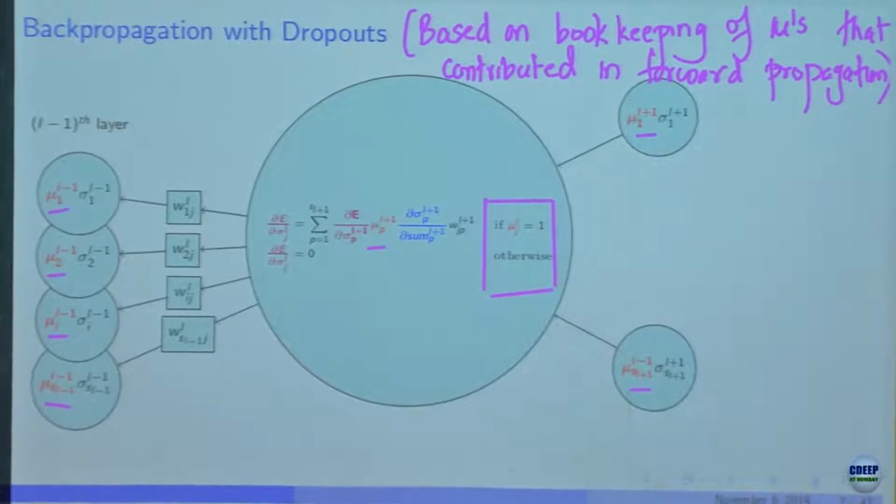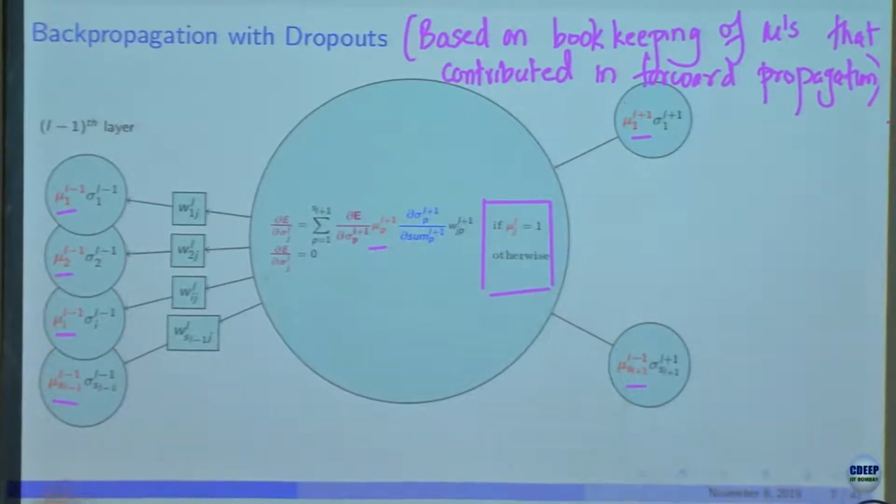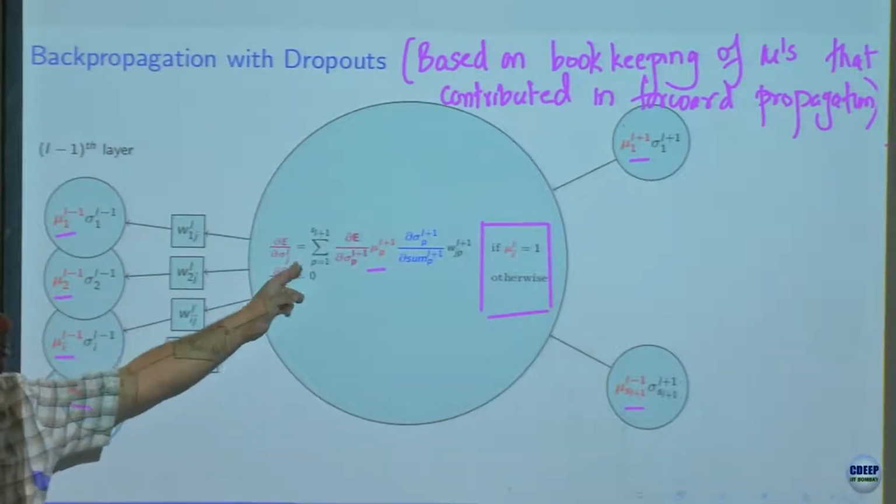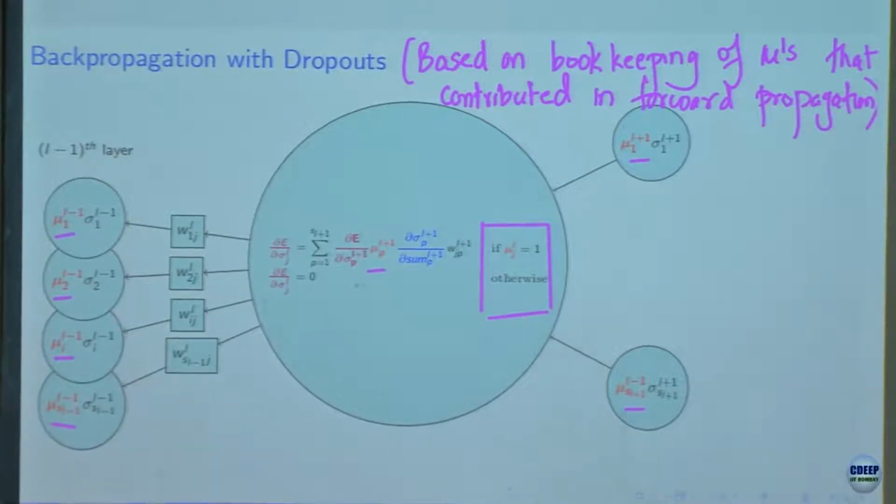So the bookkeeping is that if mu_j^l was 1, then let the back propagation account for the gradient that you are getting from the next layer. This is a gradient you would have obtained from the next layer, from sigma p at layer l plus 1, sitting here. So you just mind the contribution based on mu, that's it. Okay, this is the simple idea of dropout as an ensemble method.